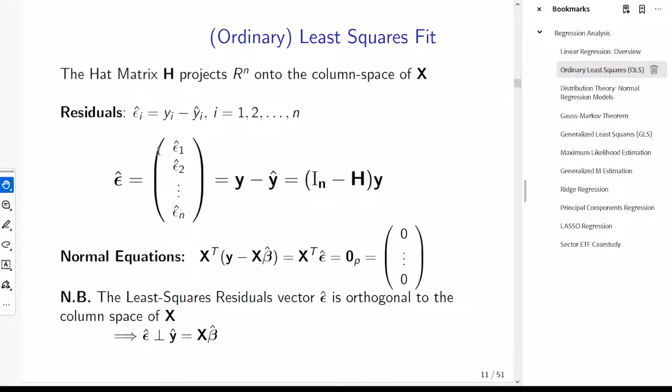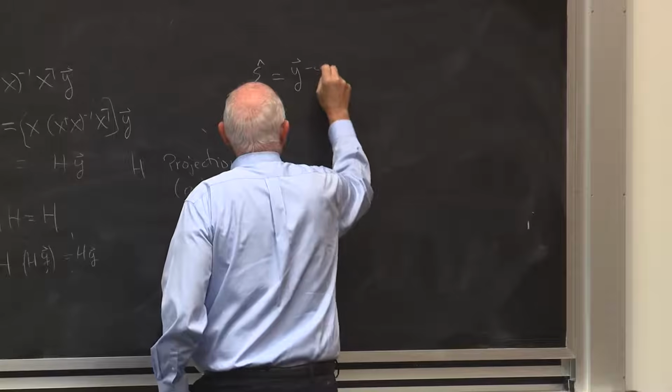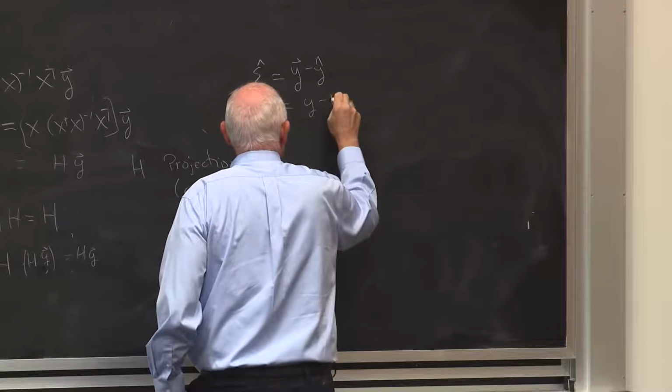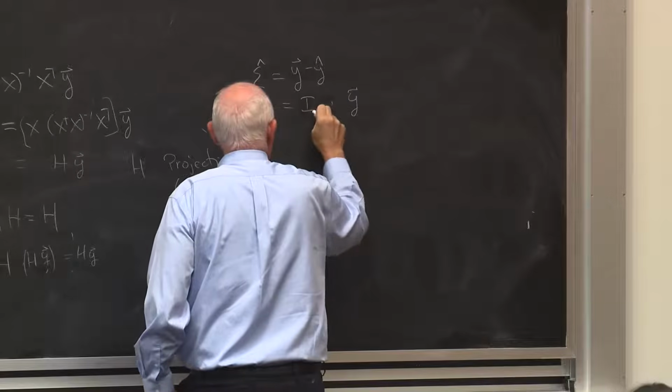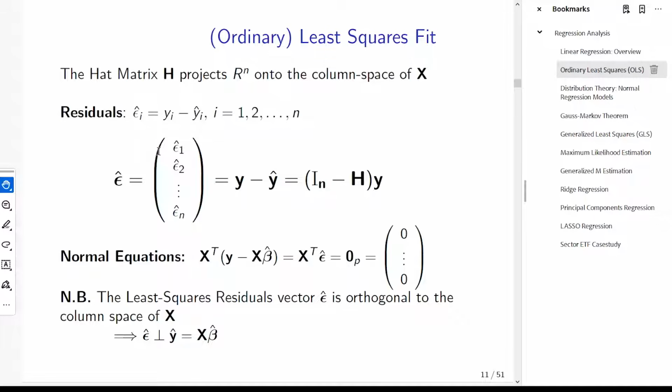Okay, well, importantly in modeling is to look at residuals, which are model errors. So if we have epsilon hat equal to y minus y hat, this is y minus H y, or the identity matrix minus H, times y.